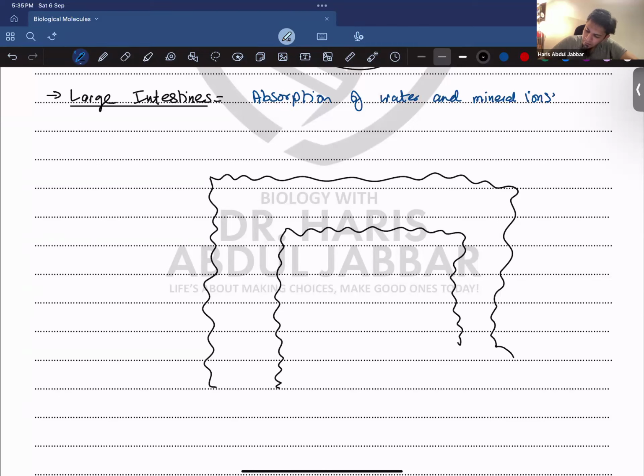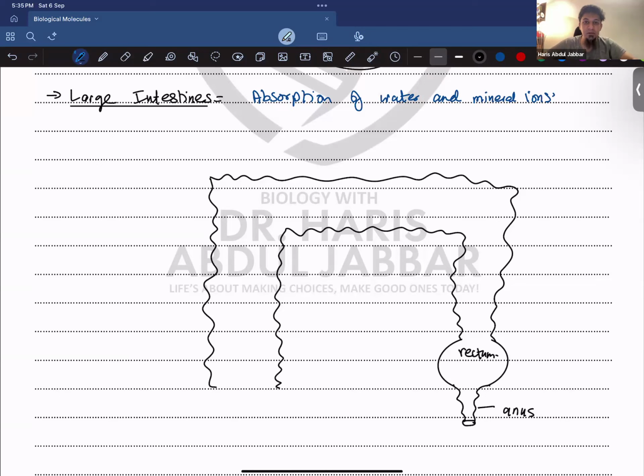Now, when they're ending, this colon forms into a pouch. Right? And this pouch that we have is called as the rectum. The food then finally gets out of the body through the anus or the anal cavity. And here we have the rectum.